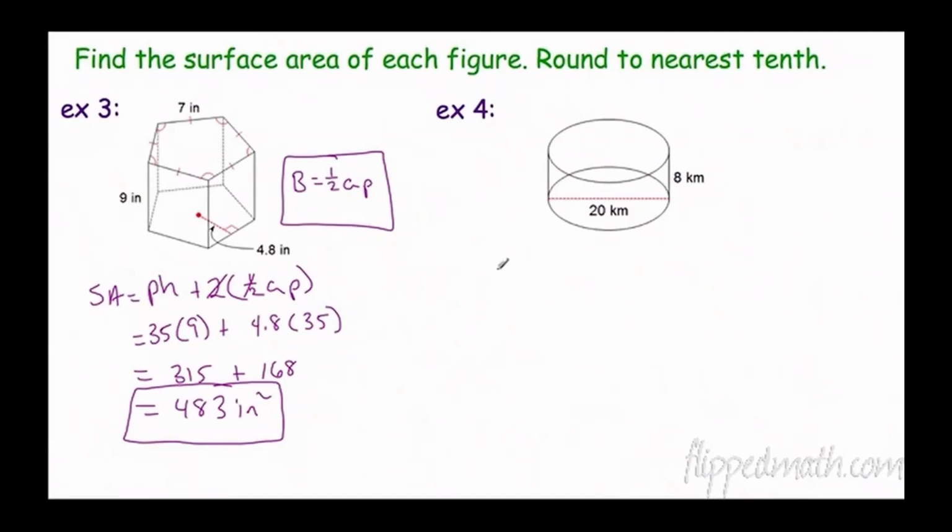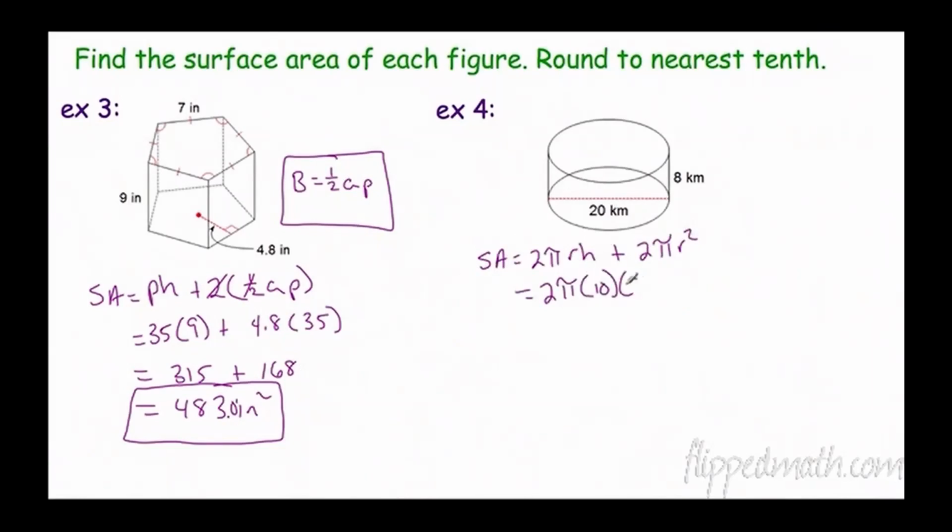Nearest tenth, that would be 483.0. All right. Over here, surface area of a cylinder. So we've got 2 pi r h plus 2 times the area of the base, which is pi r squared. So let's plug in what we know. If our diameter is 20, our radius is 10.